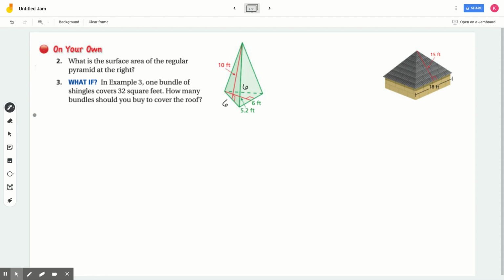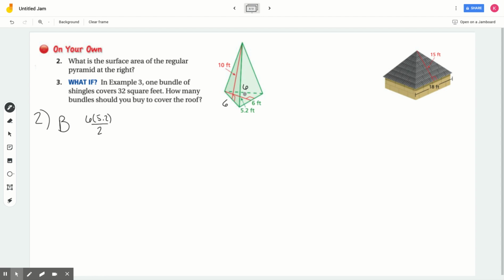So for this, we know that we have a base, which is a triangle, with a base of 6 and a height of 5.2. So 6 times 5.2 divided by 2. We have 3 sides this time because triangles have 3 sides.